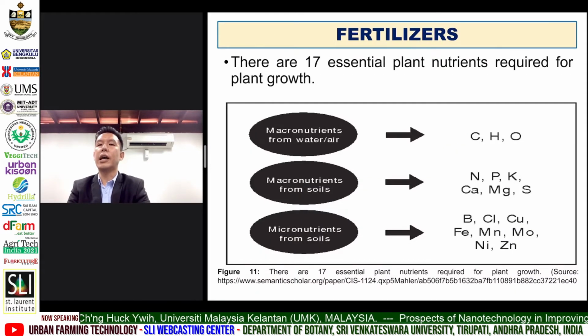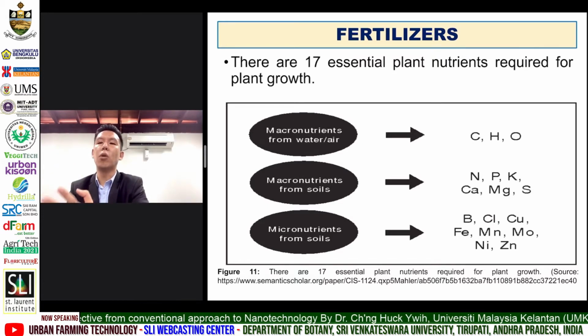So basically, there are 17 essential nutrients required for plant growth. Besides carbon, hydrogen, and oxygen, plant nutrients can be divided into two major groups, macronutrients and micronutrients. Macronutrients such as nitrogen, phosphorus, potassium, calcium, magnesium, and sulfur are required by the plants in a very big quantity, whereas the micronutrients like boron, chlorine, copper, iron, manganese, zinc, and nickel are all required by the plants in a very small quantity.